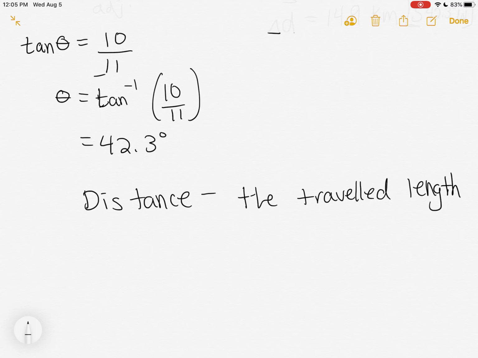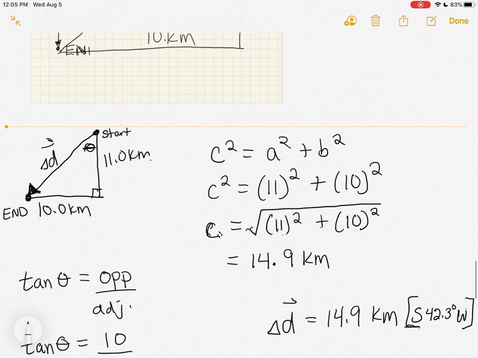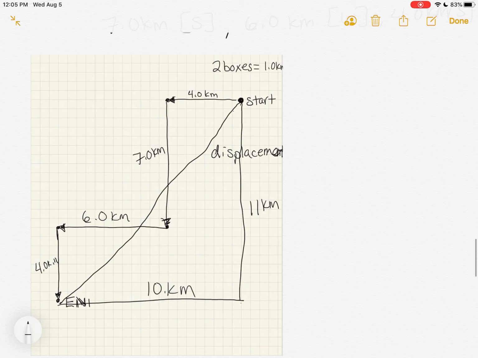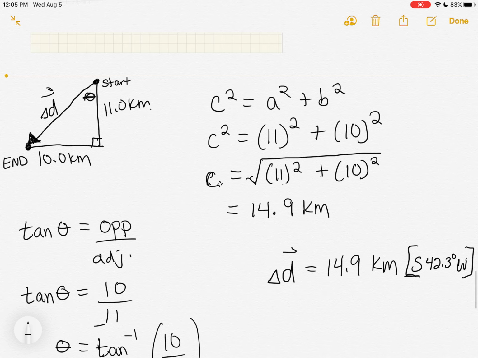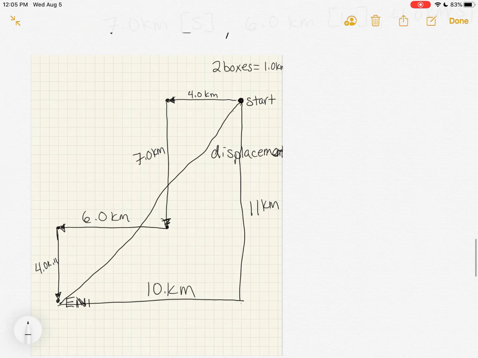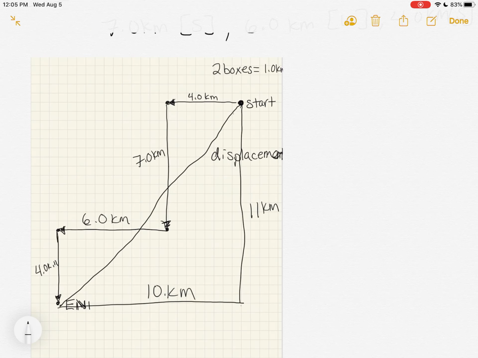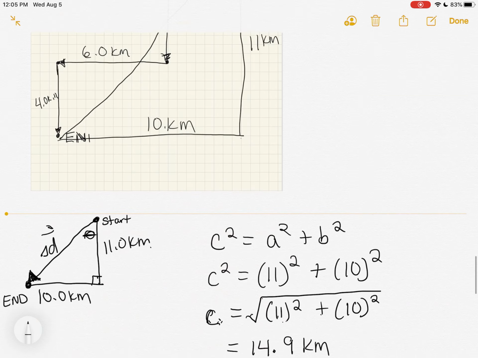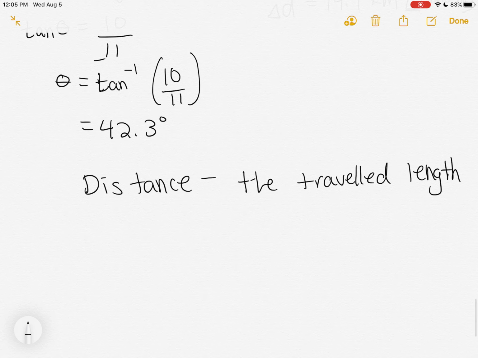If we look at this problem that we just did, where we went 4 kilometers to the west and then 7 kilometers south and then 6 kilometers to the west and then 4 kilometers to the south, our displacement was only 14.9 kilometers, but our distance traveled would have been 4 kilometers plus 7 kilometers plus 6 kilometers plus 4 kilometers. And so in that problem, we would have traveled 21 kilometers.